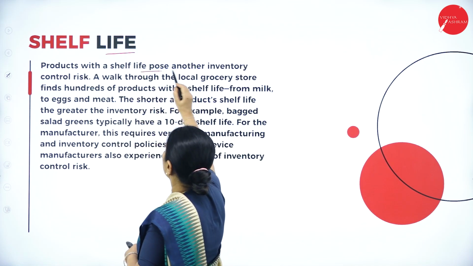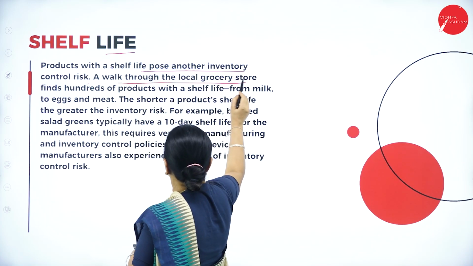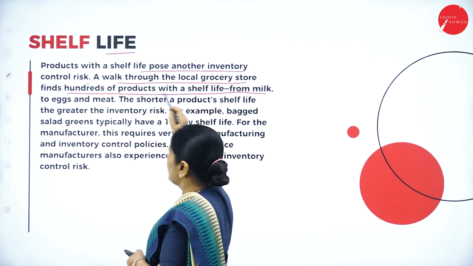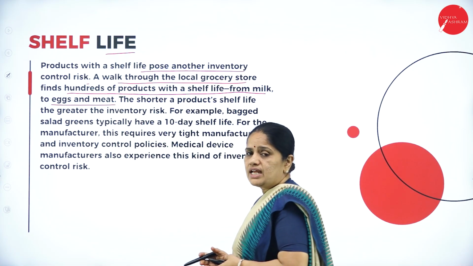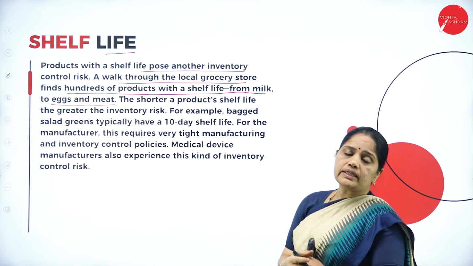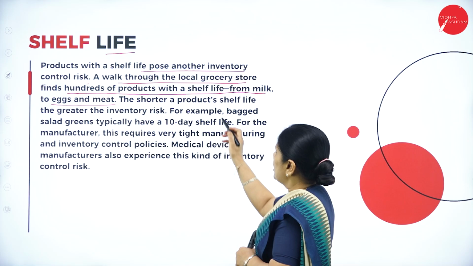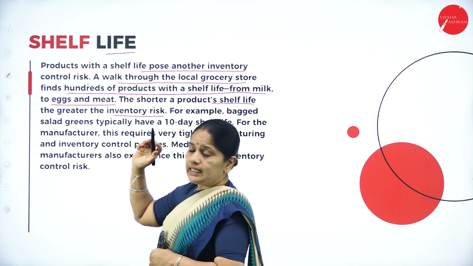Products with a shelf life pose another inventory control risk. A walk through the local grocery store finds hundreds of products with a shelf life, from milk to eggs and meat. So, depending on the shelf life of the product also, the inventory control policy has to be formulated. The shorter a product's shelf life, the greater the inventory risk.